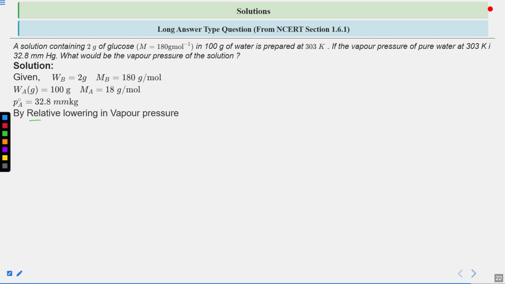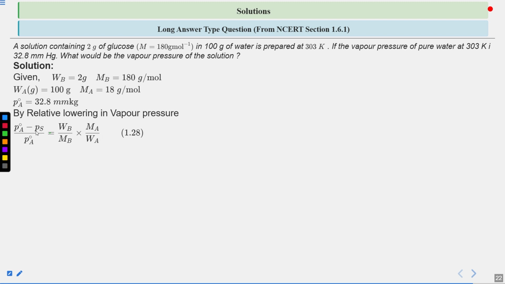So, if you use the concept of relative lowering in vapor pressure, we know that (P naught A minus Ps) upon P naught A equals the mole fraction, or you can say this quantity, Wb upon Mb multiplied by Ma upon Wa.